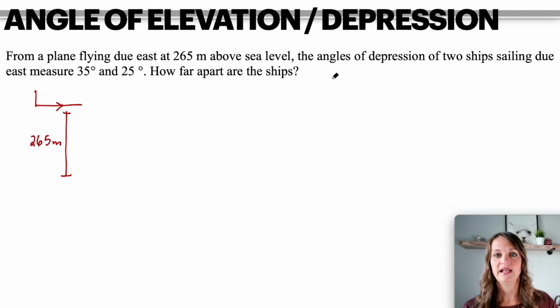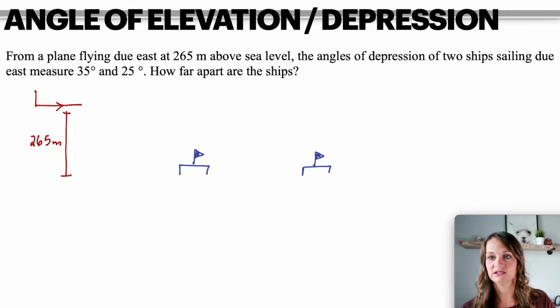The angles of depression, so there's actually two angles of depression, of two ships measure 35 and 25. So we have two ships. We have a ship here. Let that be a ship. And we have a ship here. Let that be a ship. And they are in the water.